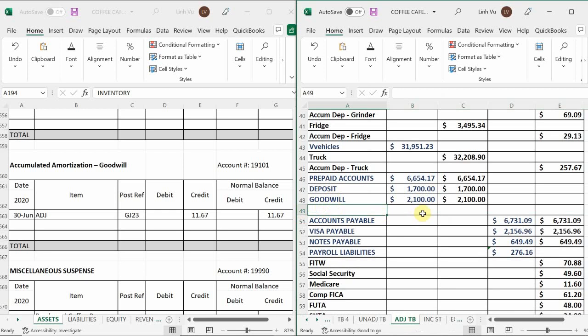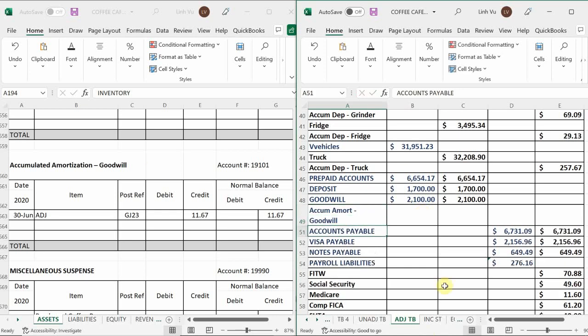So in this case, account amortization Goodwill. I should format it so I can recognize it.